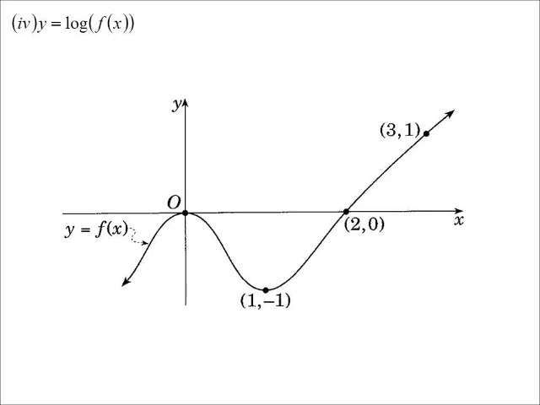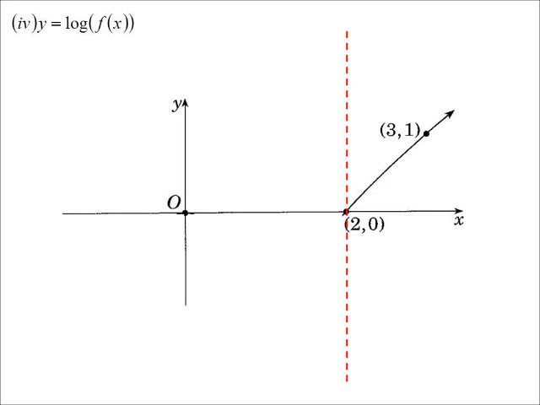Well, let's remember, what does our log curve do? We can't find the log of a negative number. Notice it's not saying the log of the absolute value of function x. It's saying log of function x. So again, everywhere where it's below the curve, and in this case 0 as well, because you can't find the log of 0, that'll disappear. So once again, we're only working with that section of the curve.